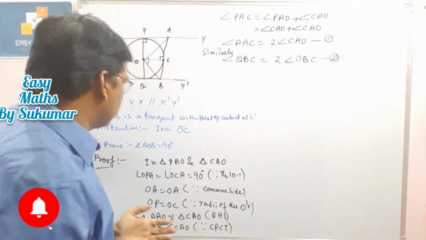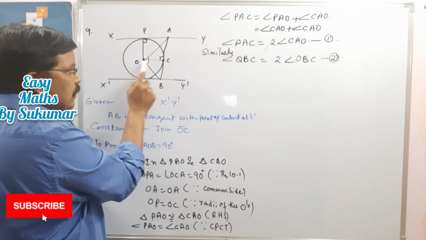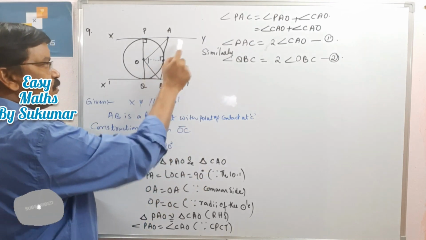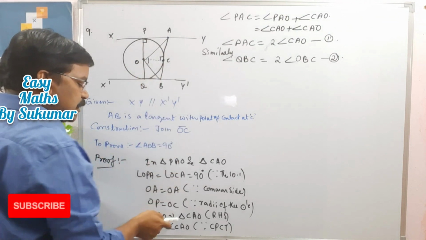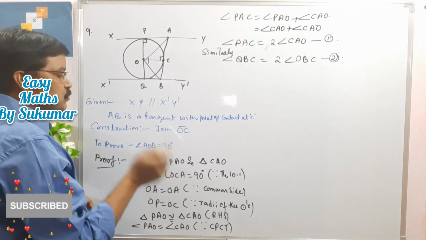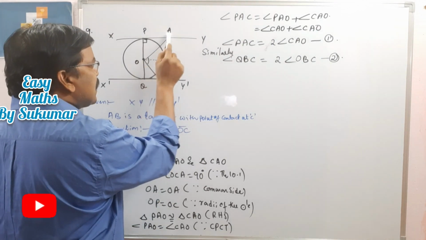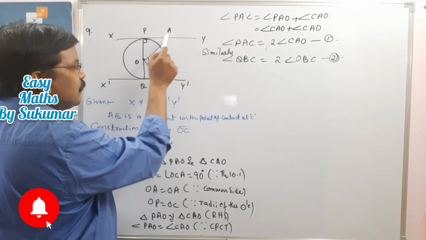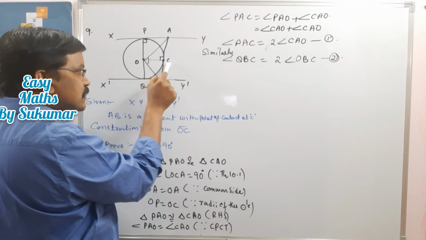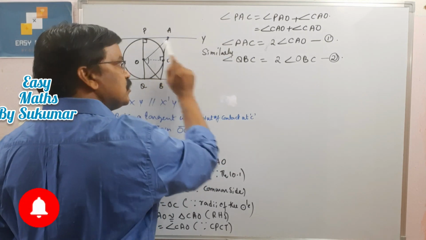Let me repeat again. Look, first I take the triangle PAO and triangle OCA, or CAO. Here I make the two triangles congruent. So whenever two triangles are congruent, according to CPCT, this angle PAO and angle CAO are equal. Taking the full angle PAC, it is equal to the sum of the two angles PAO and CAO.